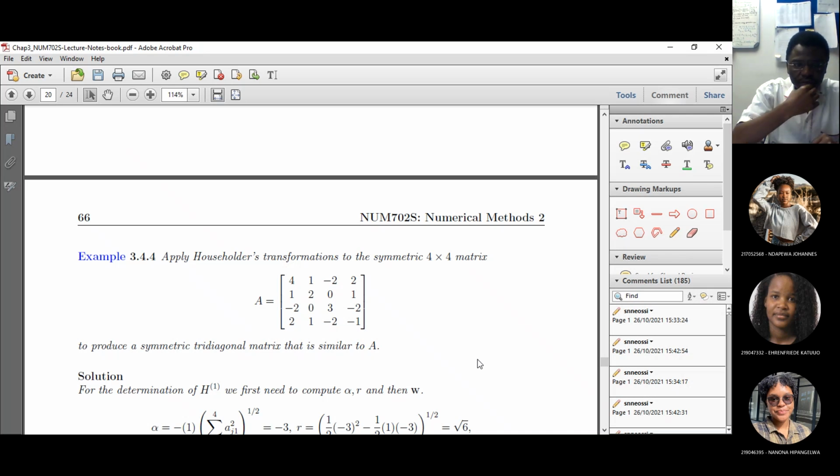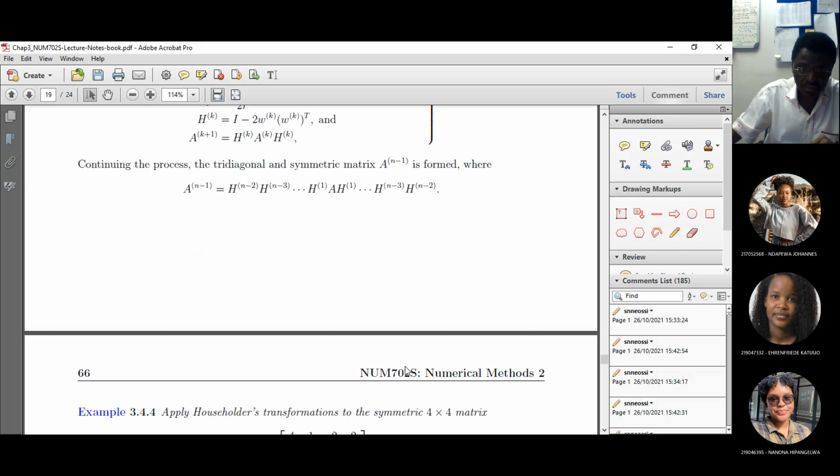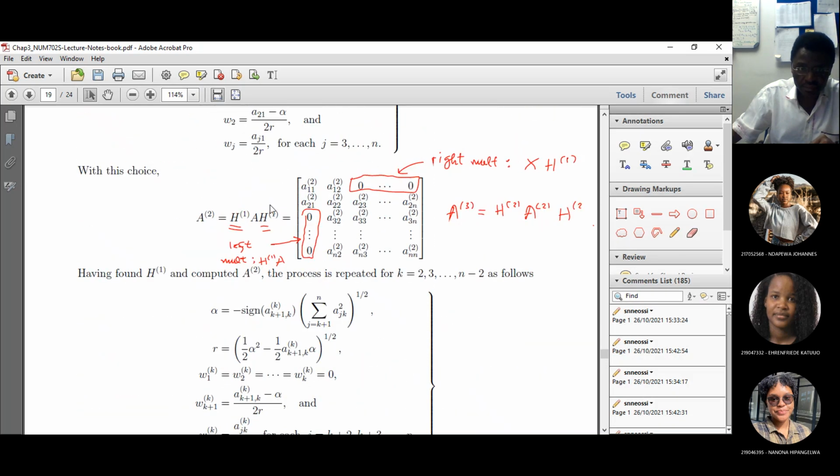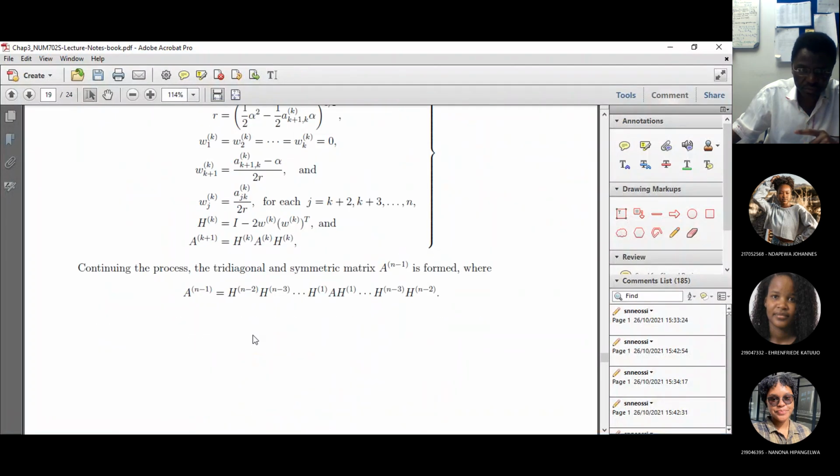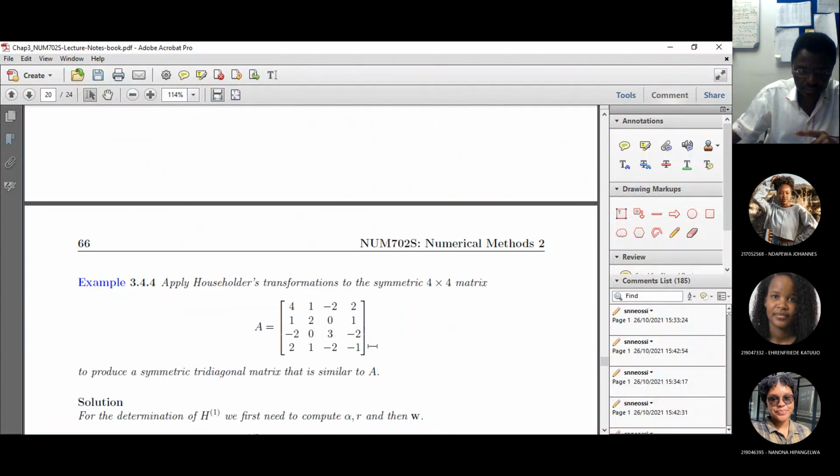Now we are going to perform the Householder method by following this. Because it's a 3 by 3 matrix, if you want to get the zeros, we can count.